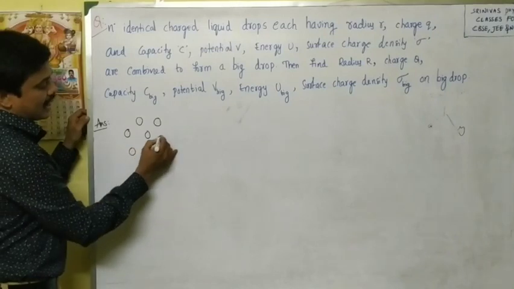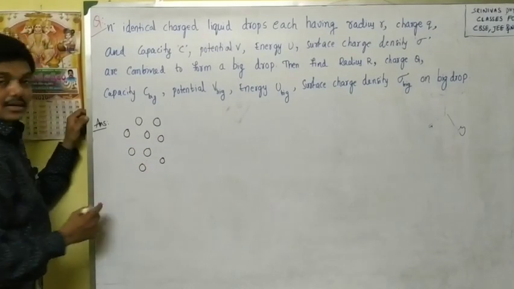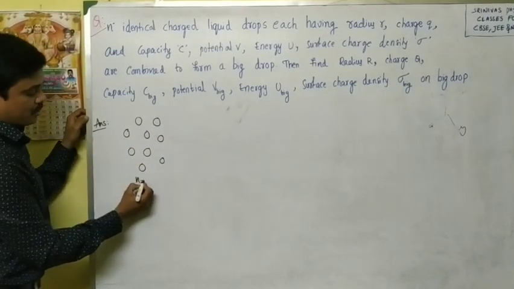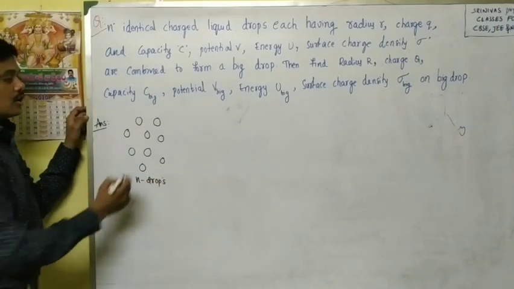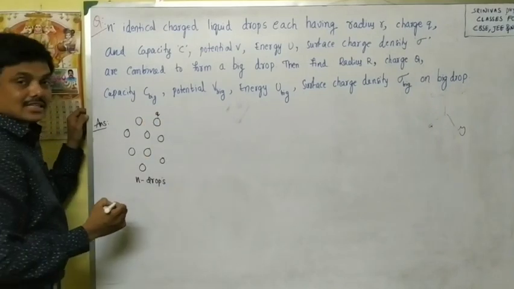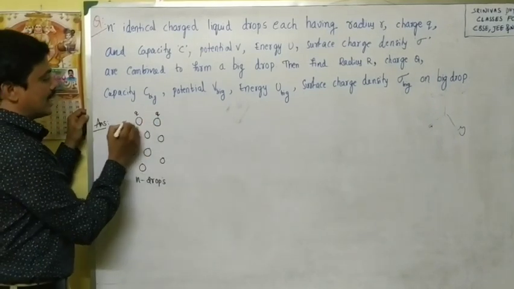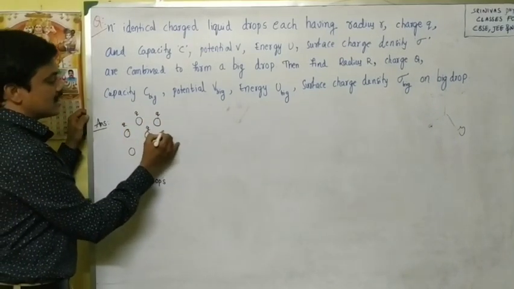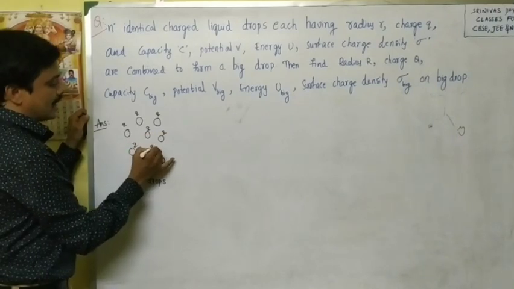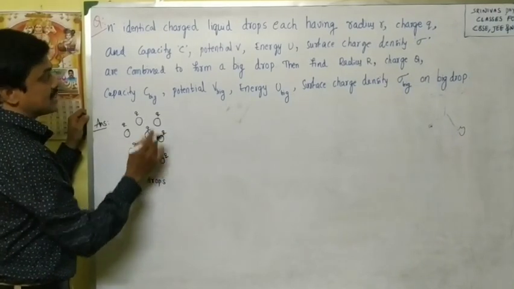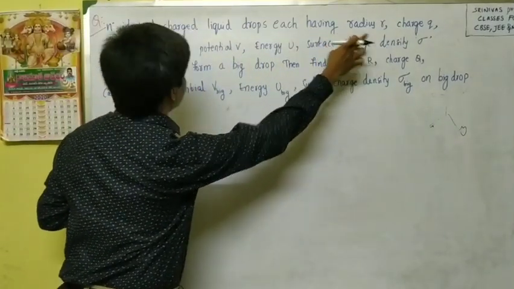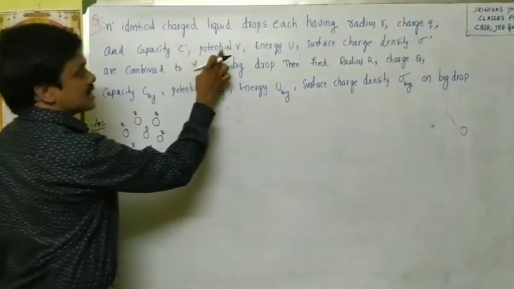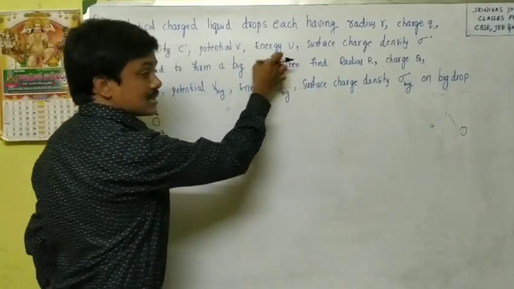There are n identical charged drops. Every drop has the charge small q, the radius small r, the capacity C, and the potential V. Each drop is a charged drop.